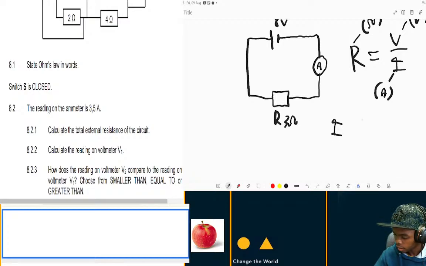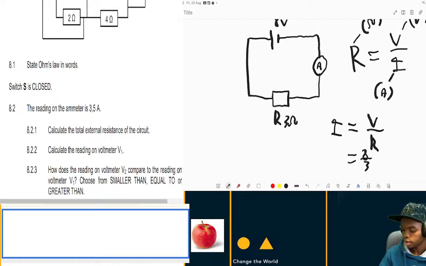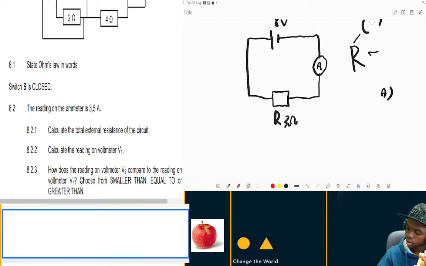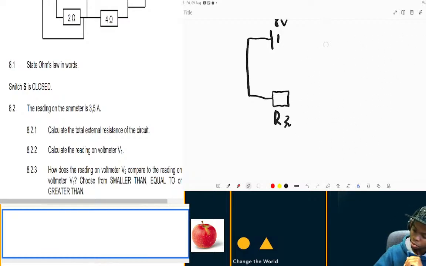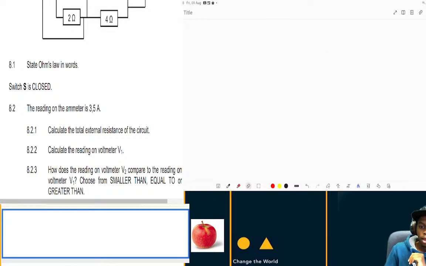The current is equal to the voltage divided by the resistance, so we'll have 8 and 3, and then the answer will be our current. Now this is for a simple circuit. You probably don't get this in grade 11 and 12.